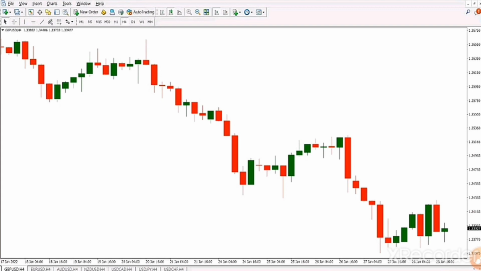But if the trader is using scalping, he or she must use an indicator to make it easier to analyze. This is the reason why most traders apply indicators on the chart.